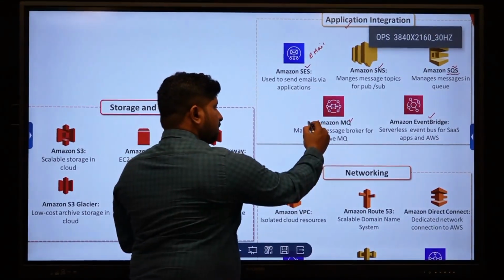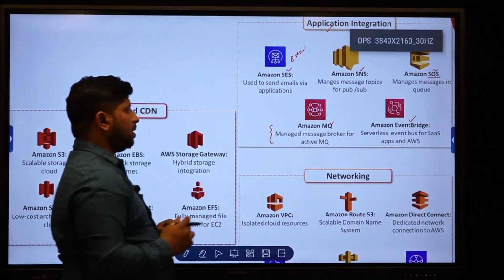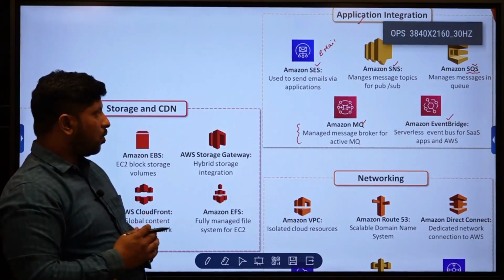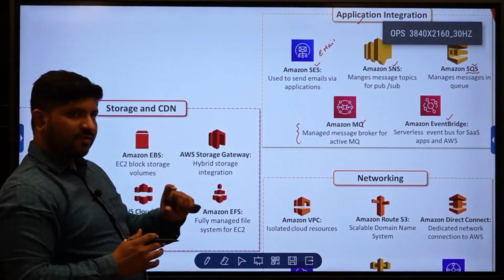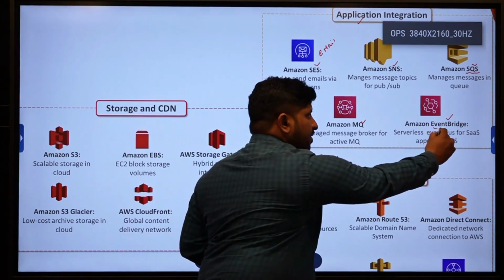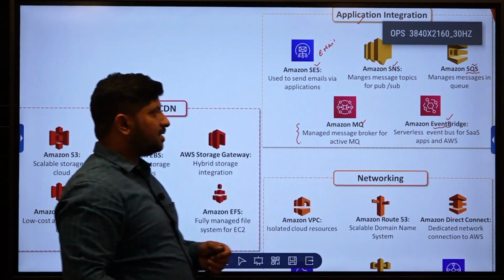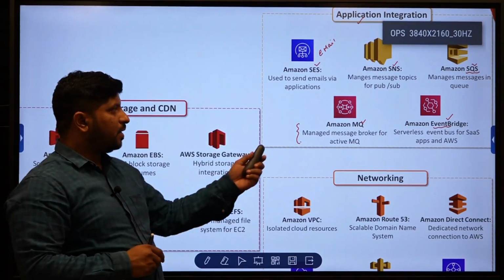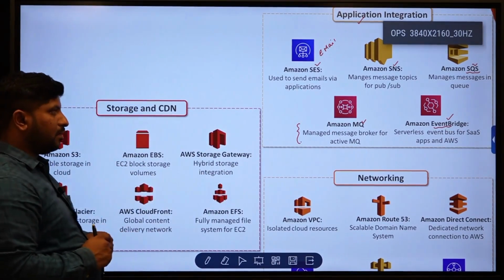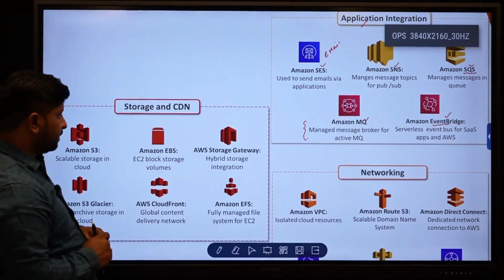Whereas message brokers will automate all the messages which need to be transferred from one EC2 to another EC2. As well as we do have Event Bridge, which acts as a software as a service when you integrate it with various applications, a serverless software as a service.